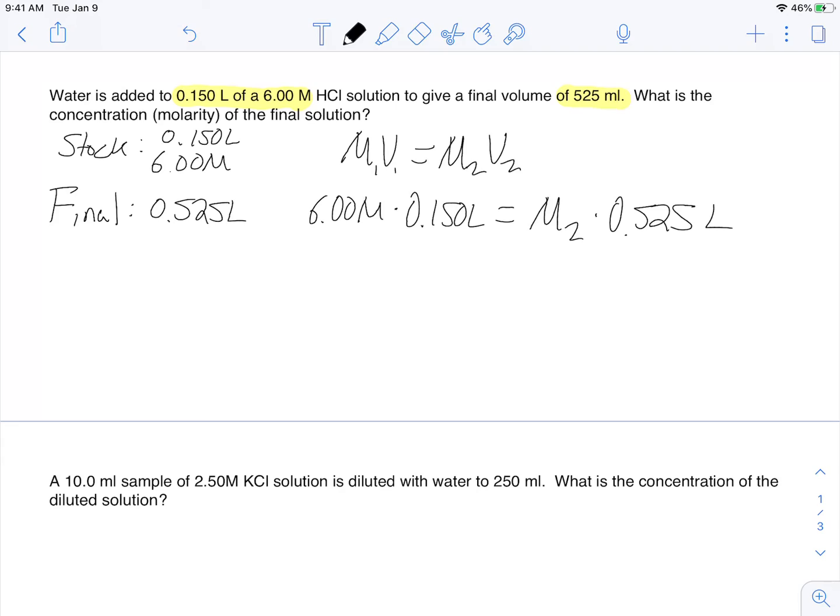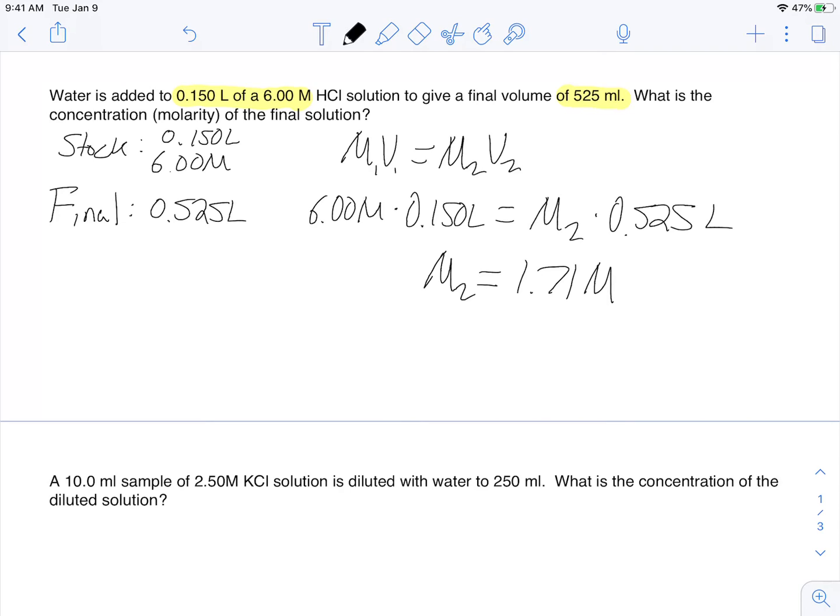Now, to solve this, I'm going to multiply the left side, then divide it by 0.525. So solving for molarity 2 gives me 1.71 molar for a molarity.